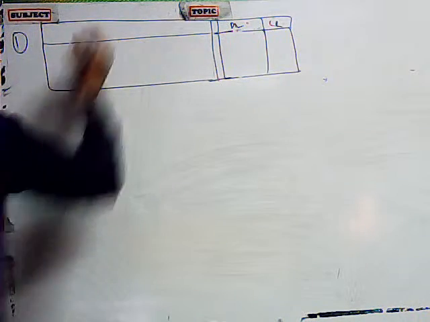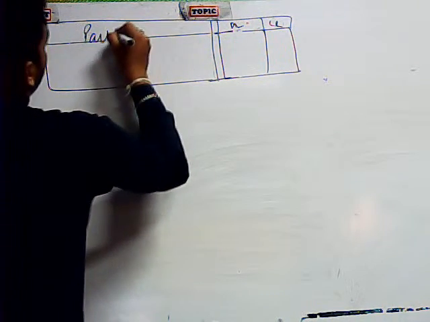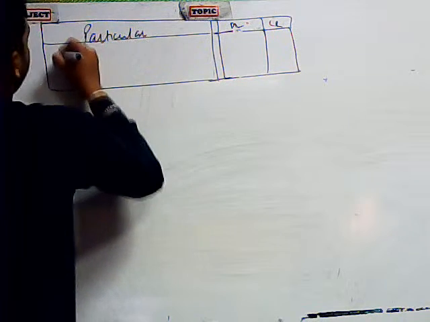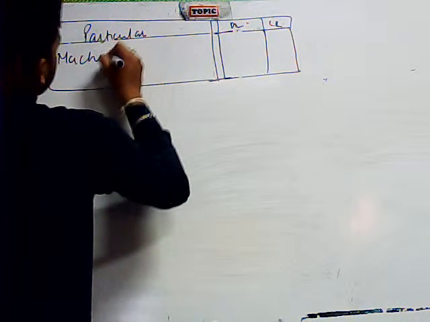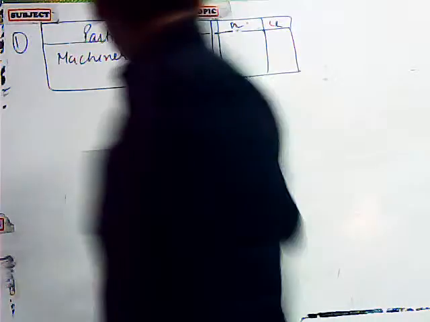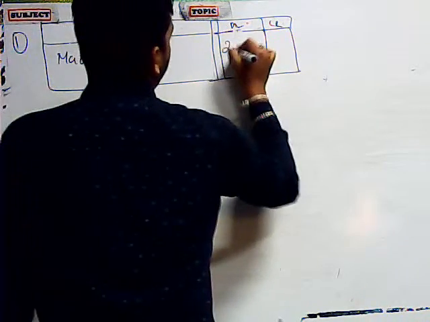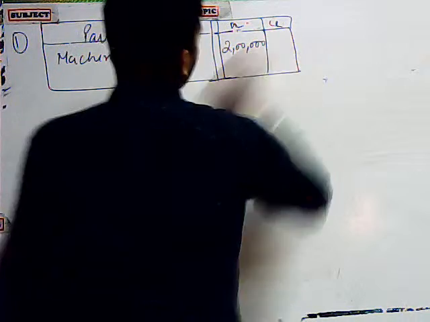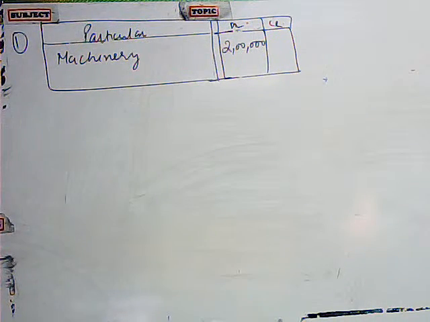Let's take an example of any particular office asset. We can say machinery. And the value of machinery is given here as 2 lakh rupees.